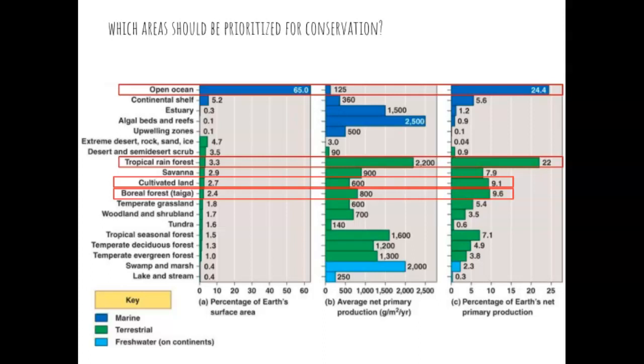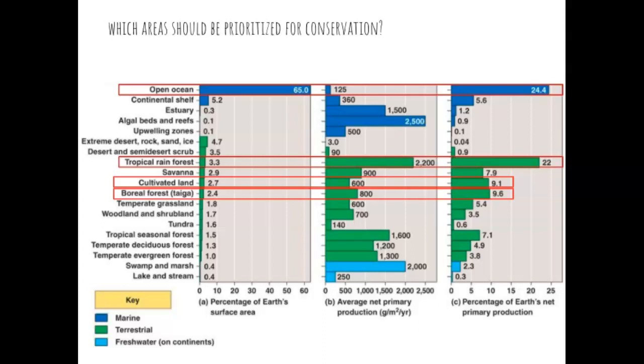And so when we're thinking about how to conserve different parts of our planet, we have to look not only at how many trees and resources are available, but also how important those places are to the health and stability of our planet.